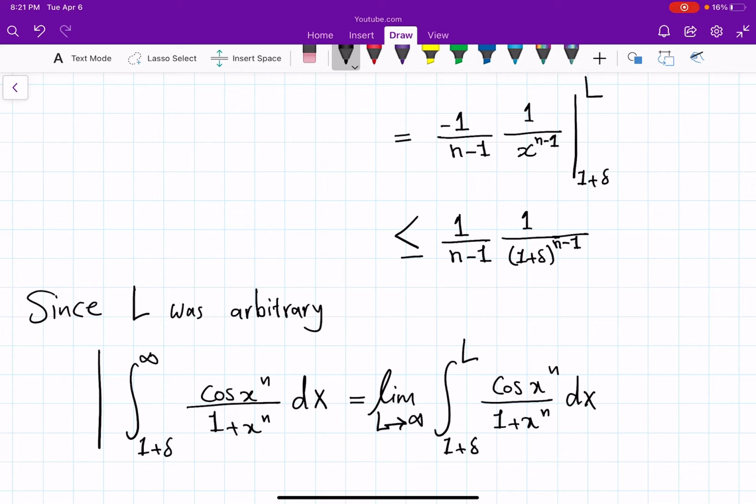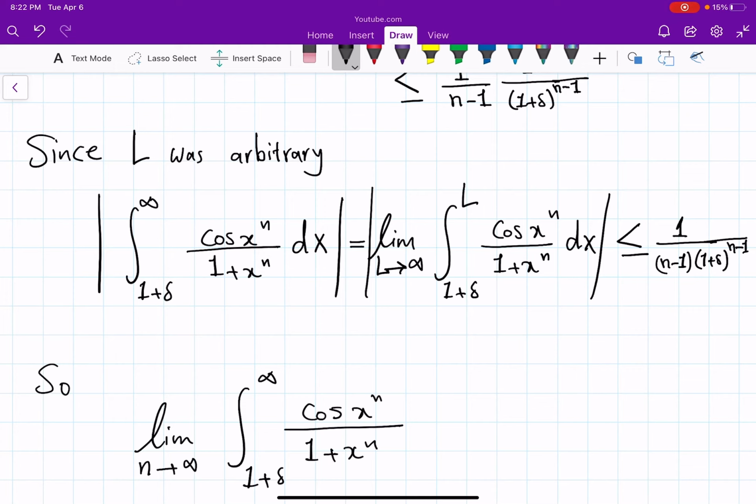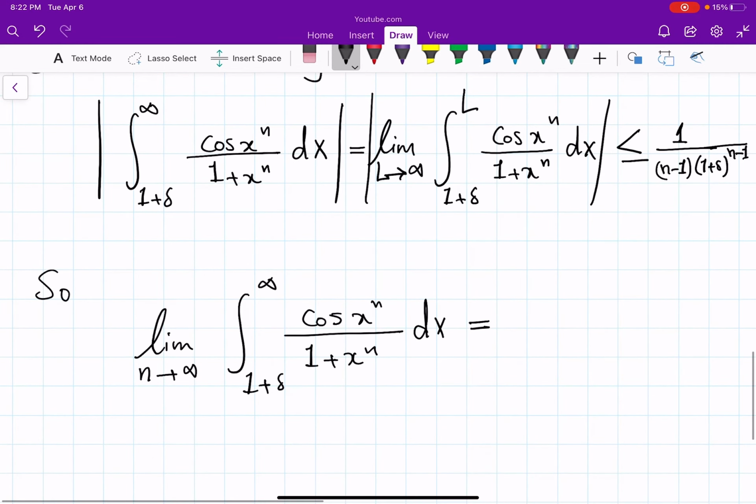Now if I put absolute value here, then we saw above that no matter what L is, these integrals are bounded by 1 over n minus 1, 1 plus delta to the n minus 1. Okay, and this will show that the limit as n goes to infinity of the integral from 1 plus delta to infinity of cosine(x^n) over 1 plus x^n dx is 0. So as we wanted.